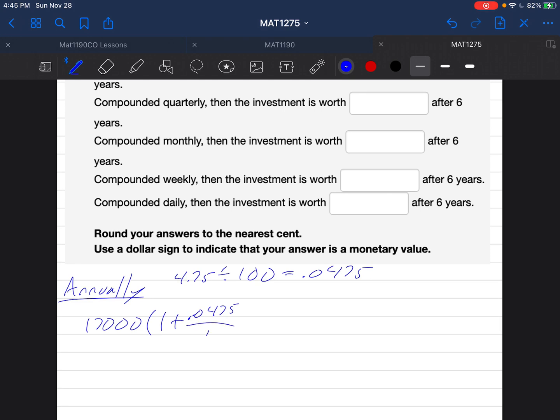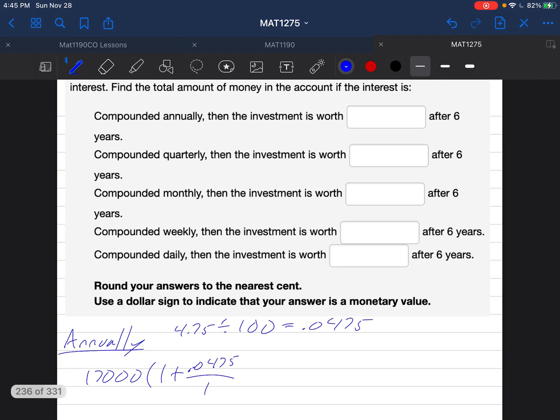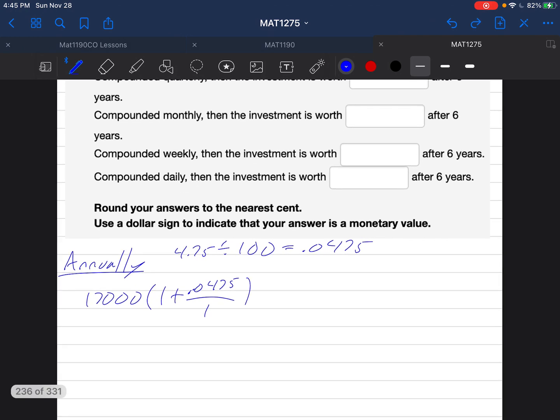This is going to be divided by 1 because we are working on the first one where n is equal to 1. And this is going to be raised to a value of 6 times 1, which I'll put in parentheses right there. So if we put this all together, that's going to be 17,000 times 1.0475 raised to the 6th power.